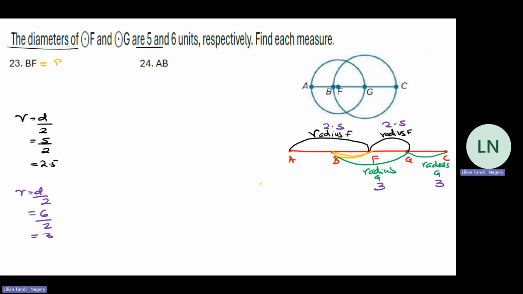So BG minus FG. Do I know BG? Yes, I know BG is 3. I follow my line. Do I know FG? Yes, I know FG is 2.5. So minus 2.5, and that will give me 0.5. And that's my answer, and it is units.